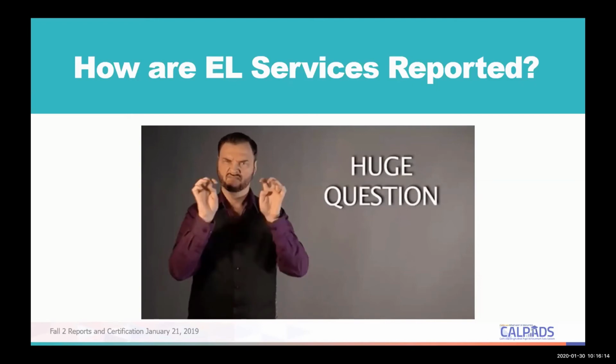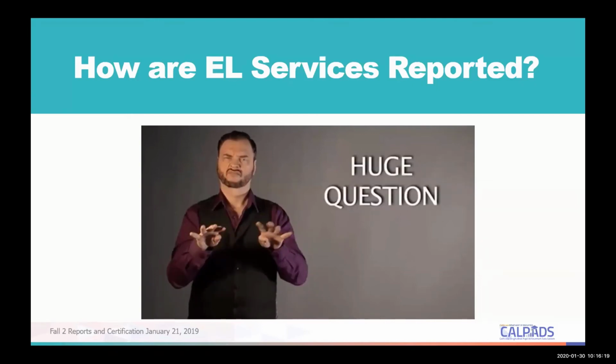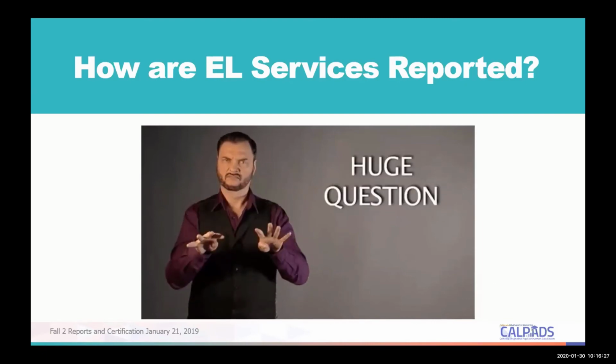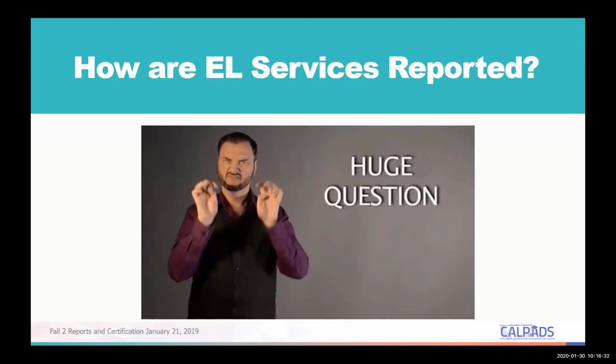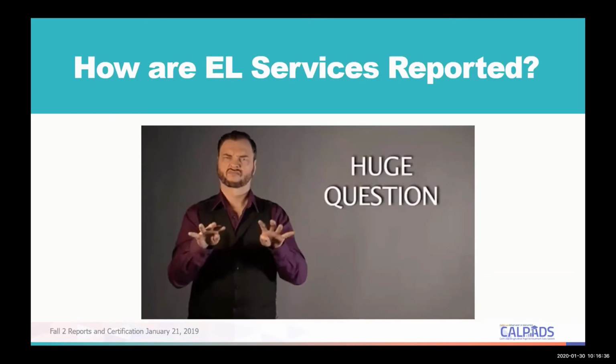Beth says the LIP. So what other data elements? But if we think about the key report in Fall 2, for those of you who have done this, 2.4, EL services, it ties greatly to a specific field. And Beth is saying the course information, so she's going to lead us there, so I'm going to take us home.